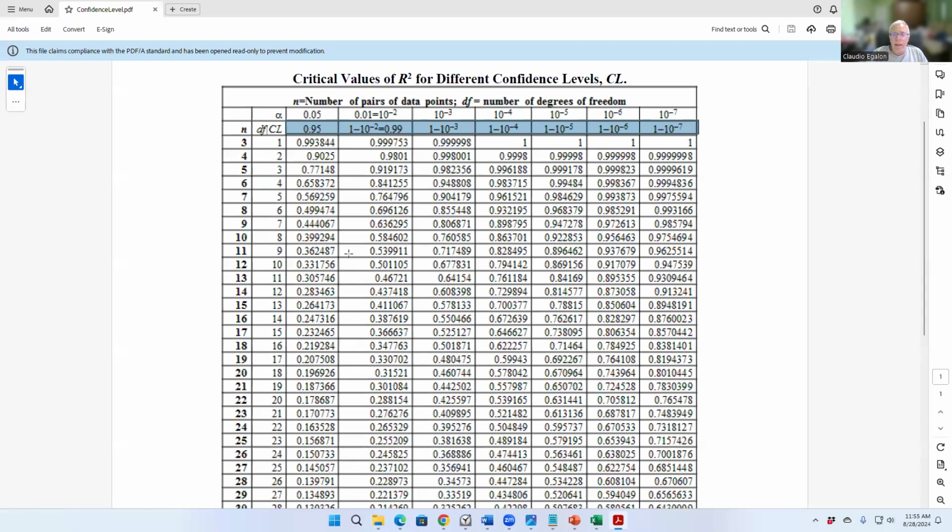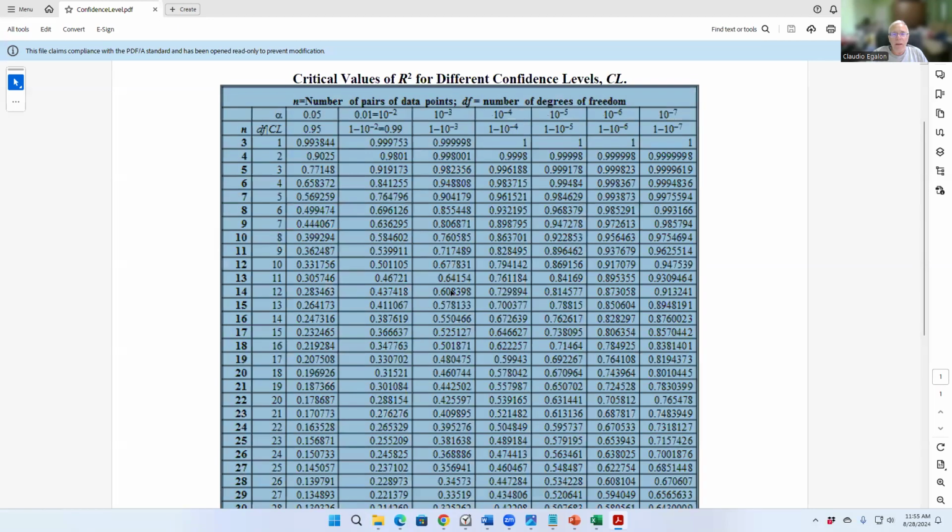Note that the higher the R square is, the higher the confidence level. An R square of 0.77148 for 5 data points corresponds to a confidence level of 95% for your regression equation.